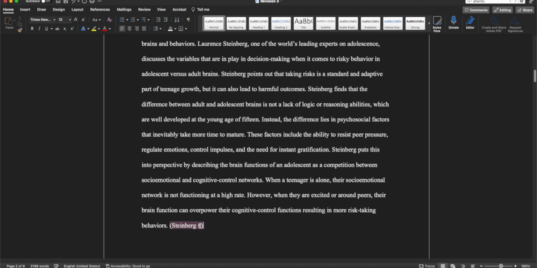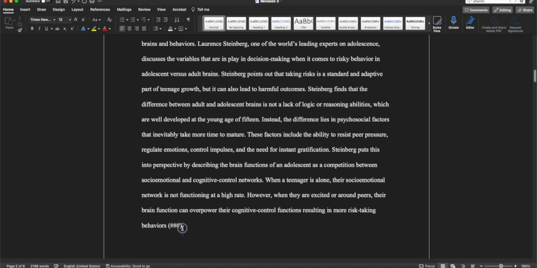So right here we have a citation like this. It's good that we have this note here that this needs a citation. But what we want to do for MLA formatting, because we've said Steinberg throughout, is we don't need to put Steinberg in the parentheses. We can just do this. Whatever that page number is goes there.